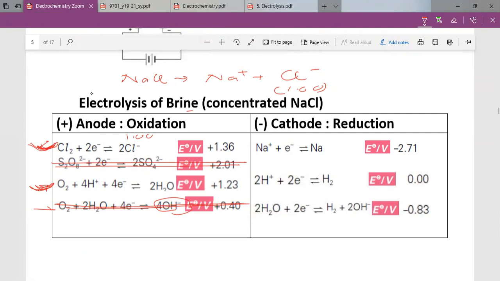Right. Now, Cl, remember, this is going backwards now. Going backwards. Remember, going backwards it is minus 1.36. This is minus 1.23. Still, water will be given out, but when the concentration of this one increases, you shift backwards more. That means this becomes what? Less positive, isn't it?